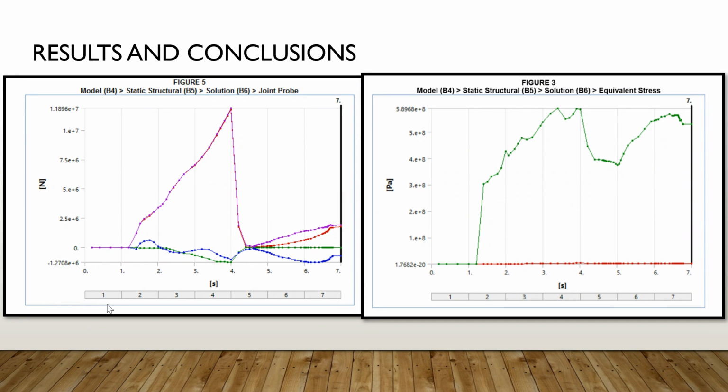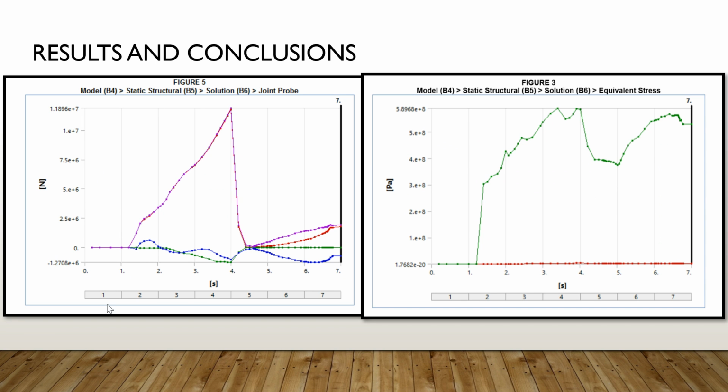I would take over for results and conclusions. So, in figure 5, which is on the left side of the current slide, we have plotted the force with respect to time. The pink line represents the total force. The red line, which is nearly coincident but slightly lower than the pink line, represents the force along the x-axis along which the dies are being applied.